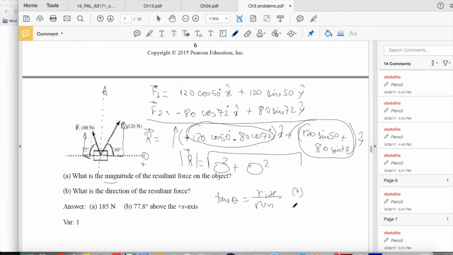If it's positive, then this vector is above the x-axis, and the resultant will be in that direction. If it's negative, the resultant is going to be in that direction. But based on the size of these vectors, I think it's going to be this way.